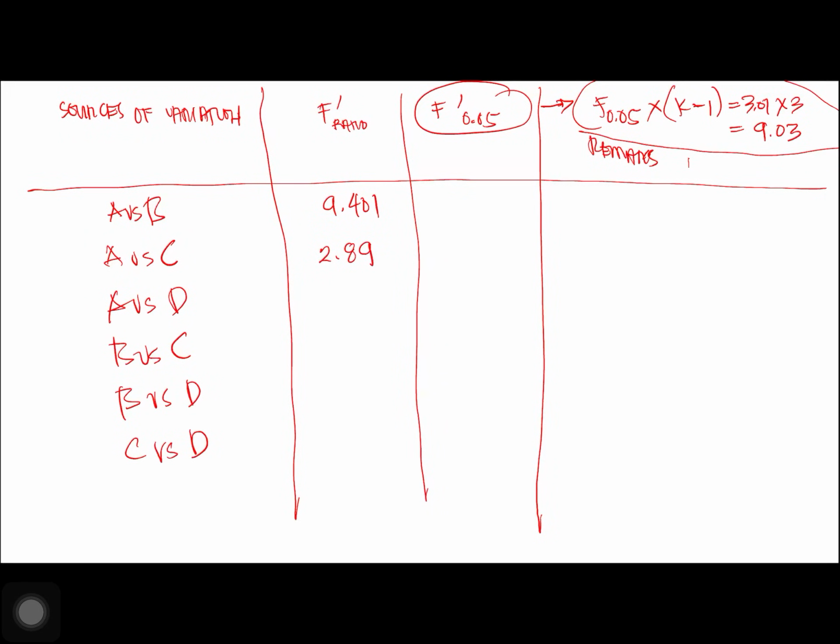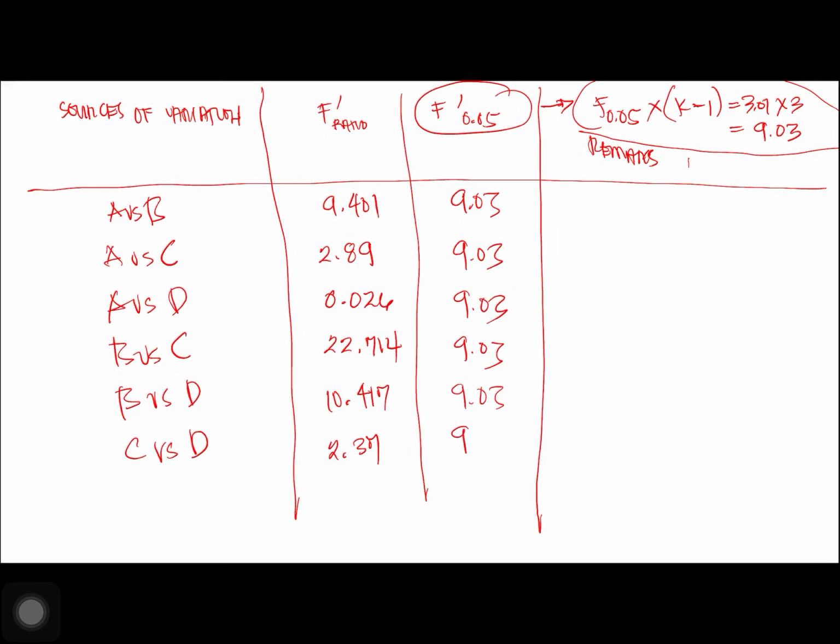A versus C, we have 2.89. A versus D, we have 0.026. B versus C, we have 22.714. B versus D, we have 10.417. And then C versus D, we have 2.37. F prime at 0.05, we have there 9.03.